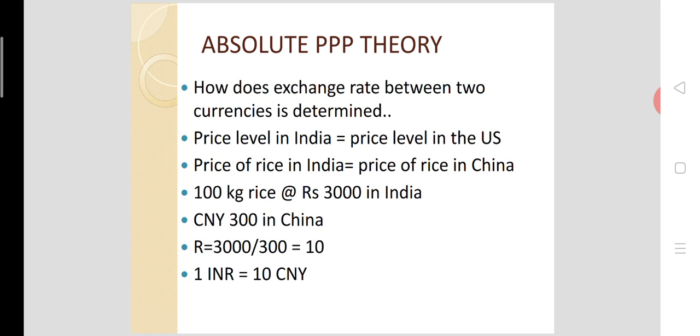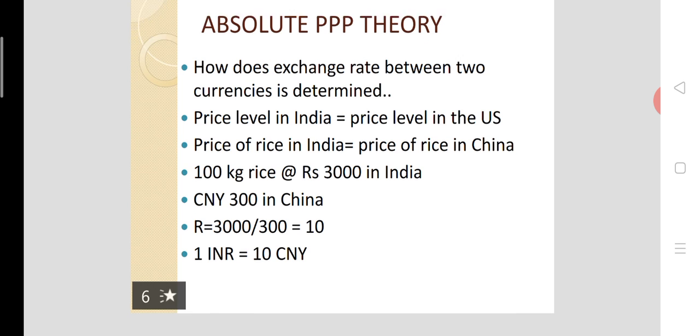So 3000 by 300 is 10. 10 is the price of 1 Chinese yuan in Indian rupees. So 1 Chinese yuan is equal to 10 Indian rupees. It is not 1 Indian rupee equal to 10 Chinese yuan; it is wrongly given on the screen. 1 Chinese yuan as per the current example will be equal to 10 Indian rupees.